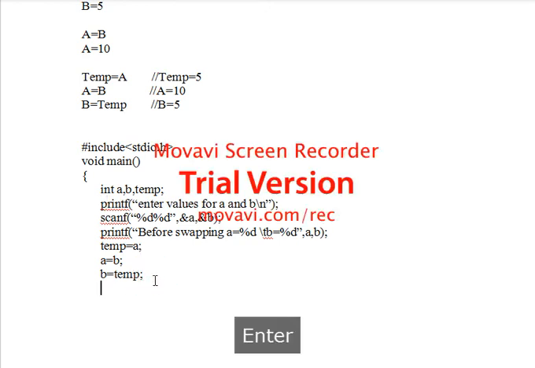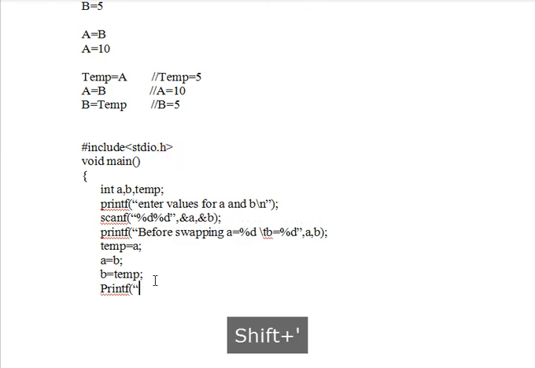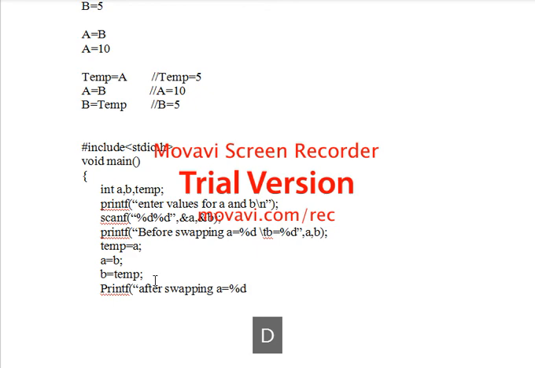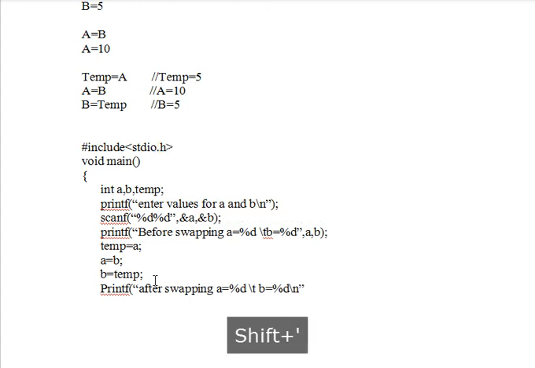So we are supposed to print, right? So printf "after swapping A is equal to %d", slash t, "B value is equal to %d", and slash n.